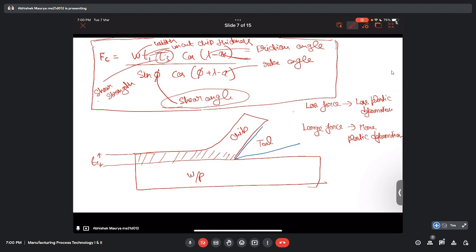And if you remember, if we deform a material plastically, then it will become harder, stronger, or more brittle. So more plastic deformation means the chip will become harder, its strength will increase, and it will become less ductile.